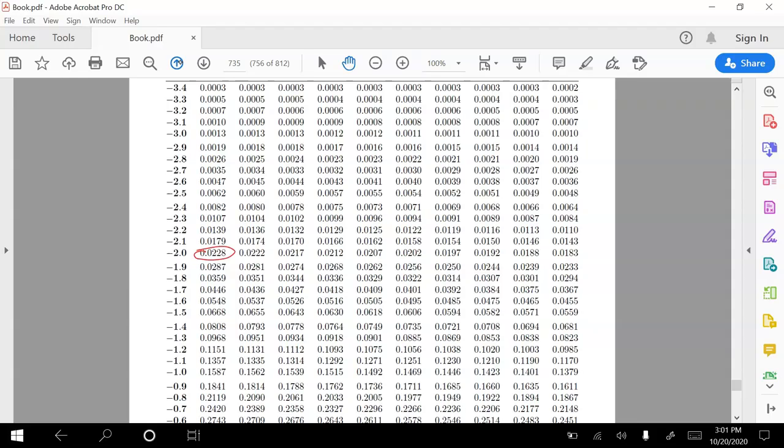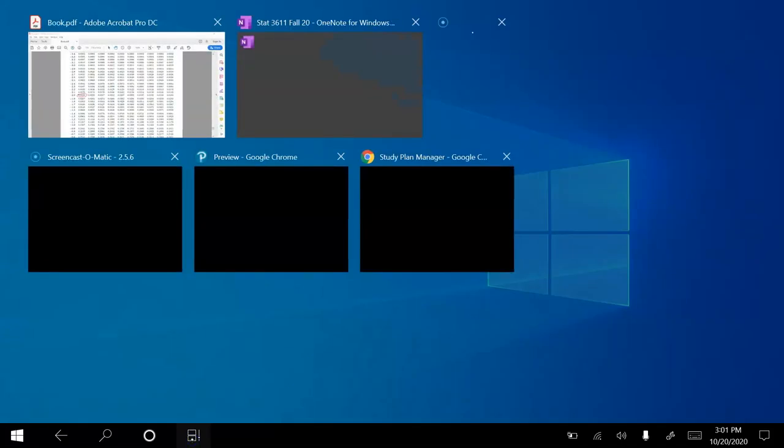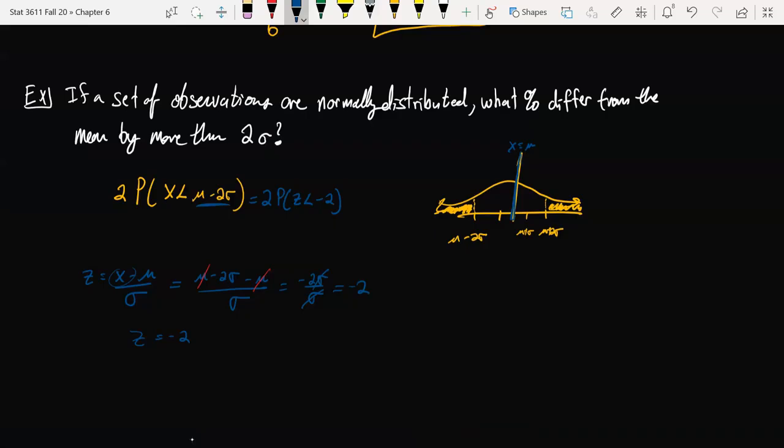Twice 0.0228. And that is 0.0456. About 4.56% differ from the mean by more than 2 sigma.